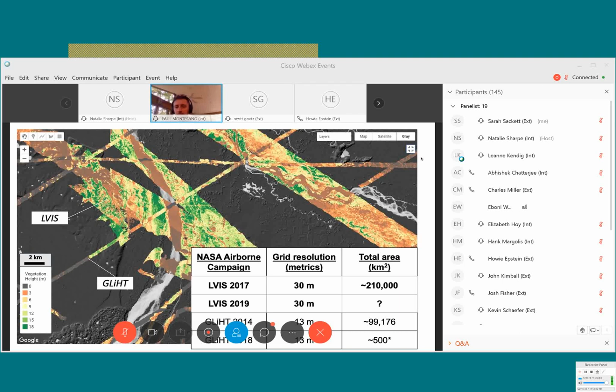It's more than GEDI 2017, so that's really exciting. For reference, G-LiHT 2014 data in the Shenandoah Valley covered about 100,000 square kilometers, I think. 2018 data, we don't have it all processed yet, but there may be about 500 square kilometers accessible right now, though there's much more coming. So there are places where these GEDI grids cross over with G-LiHT LiDAR within the ABoVE domain, which is useful, and it provides an opportunity to understand the differences in these two types of LiDAR acquisitions for vegetation. So next slide, please.